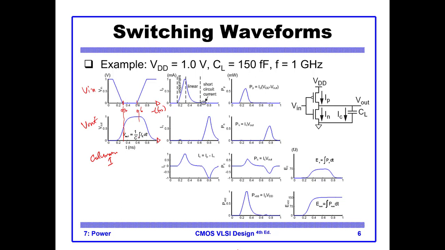In the second column, you see here we have IP. So this is the curve for IP. This is IN, current through the NMOS, and this is IC, current through the capacitor. So you see that when the input goes down, Vin is equal to 0, which means that the PMOS is on.